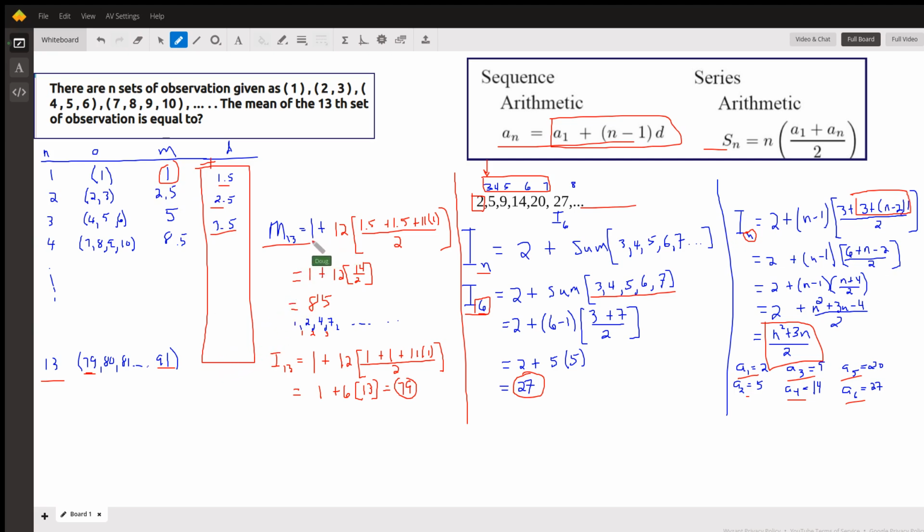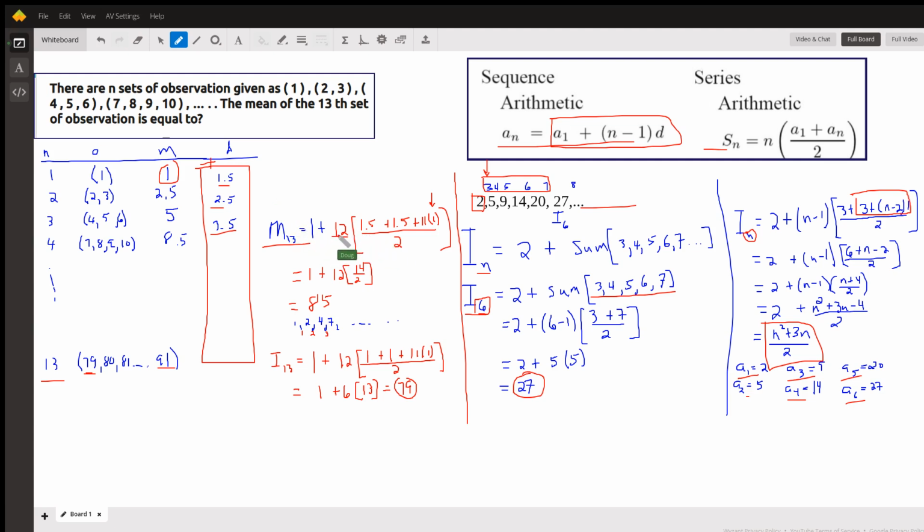And so how many terms are there in this sum? There's 12 of them. 13 minus 1. And there's the first difference, 1.5. The last difference is 1.5 plus 11 of these linear changes, which is 1 all over 2.